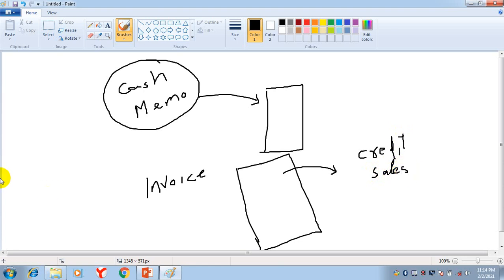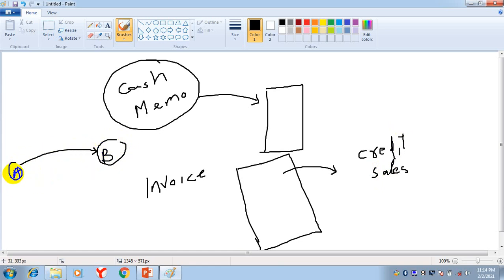Suppose there are two parties, A and B. A is selling goods to B on credit.